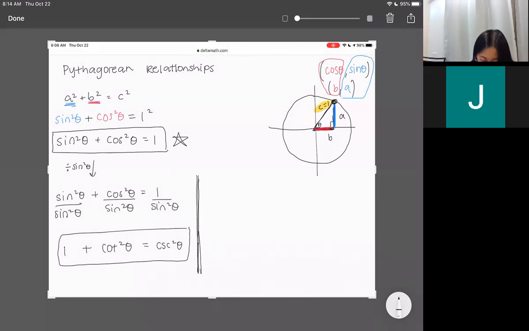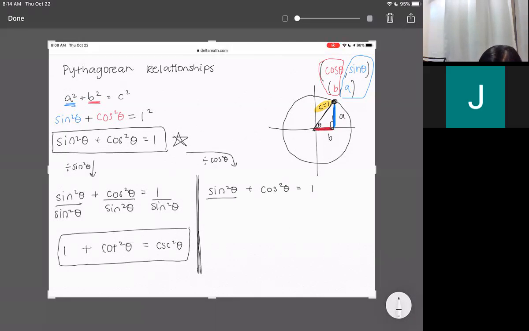We're going to get the third Pythagorean identity, and for this one, we're going to divide, not by sine squared, but by cosine squared. So I'm going to rewrite everything out. Sine squared theta plus cosine squared theta equals 1. That's our original.